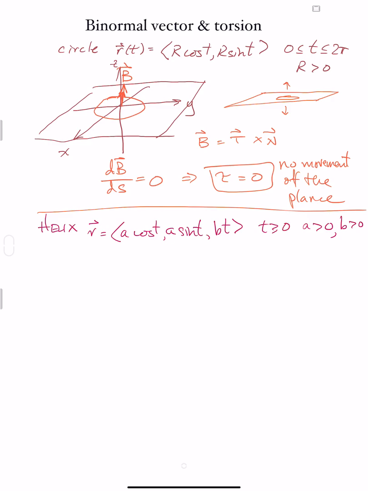Okay, so now when we calculate the velocity, of course, and the similar calculation that we did before, we find out that the magnitude again is the root of a squared plus b squared, and that the unit tangent vector is this one that we saw in another example.